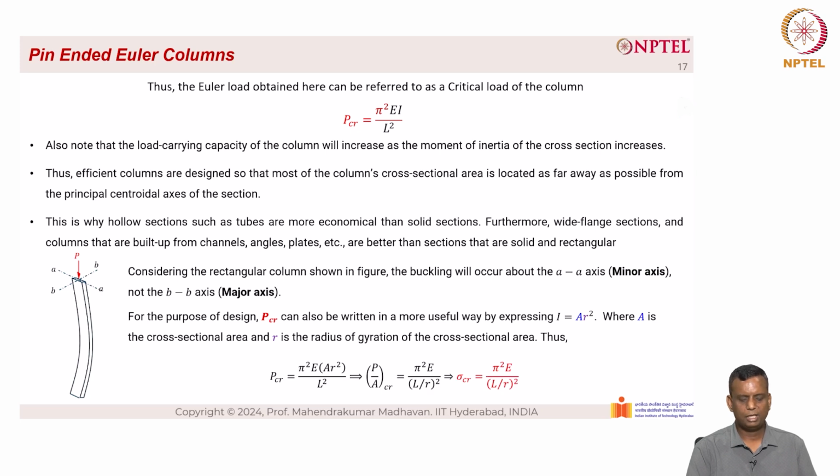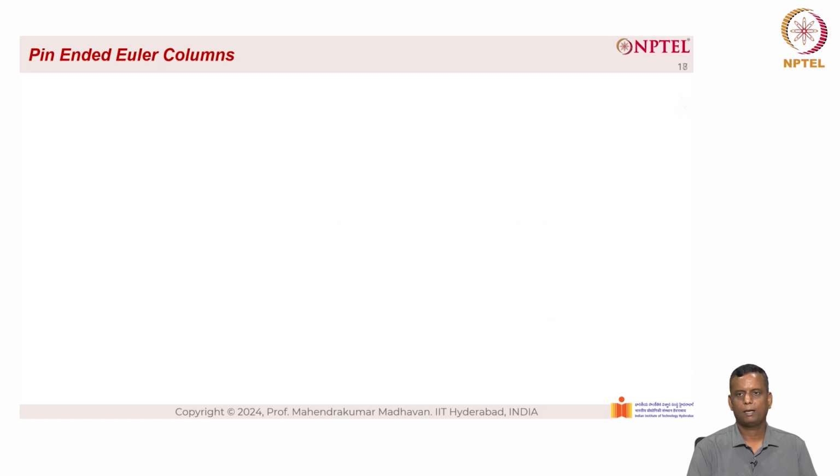Thus, P critical equal to pi square E into AR square divided by L square. If we rearrange it, we have P by A critical is equal to pi square E divided by L by R the whole square, which gives you the critical buckling stress, sigma critical, equal to pi square E divided by L by R the whole square.